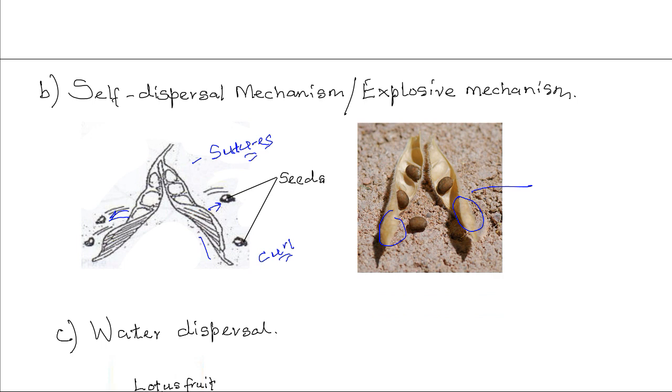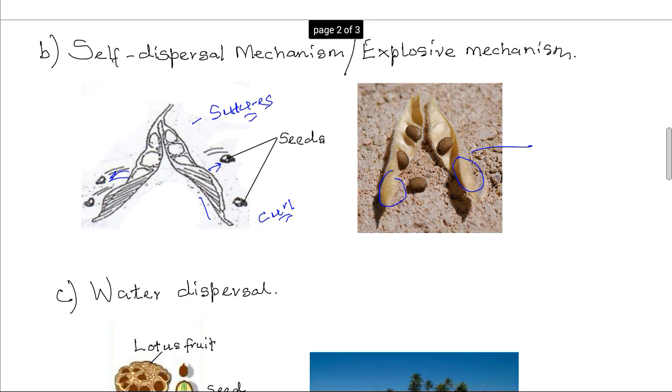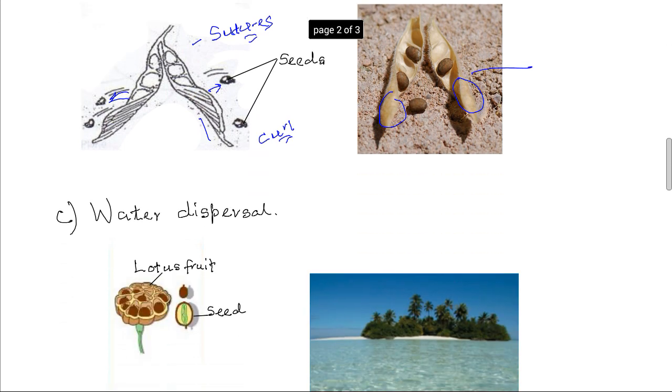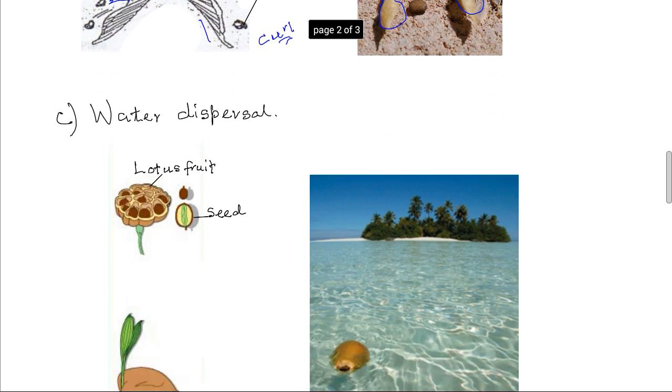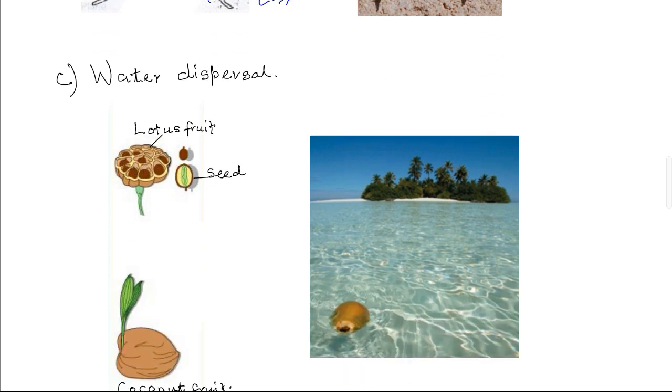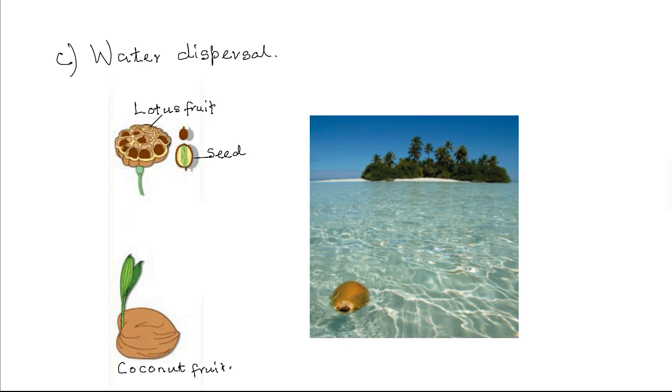Then there are those seeds and fruits that are dispersed by water. For example, in the coconut. Such fruits, for example, in the coconut, have a fibrous air-filled mesocarp that increases buoyancy so that the fruit can float in water.